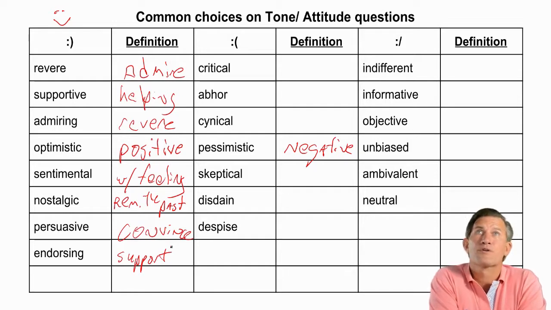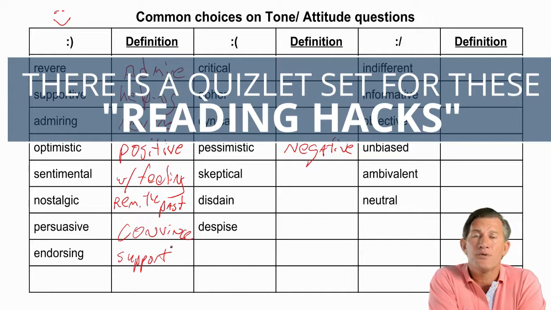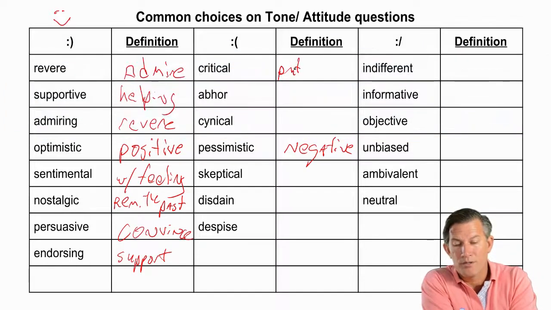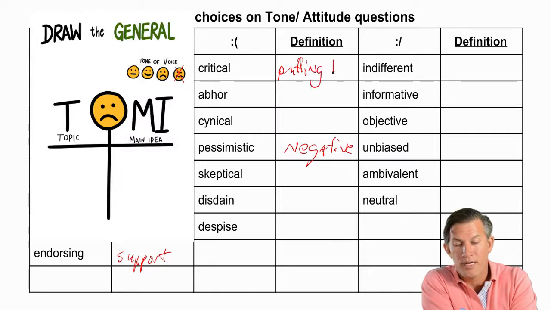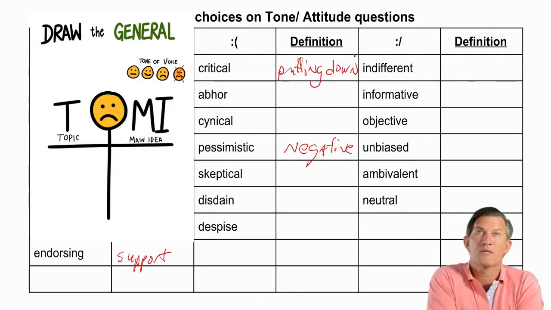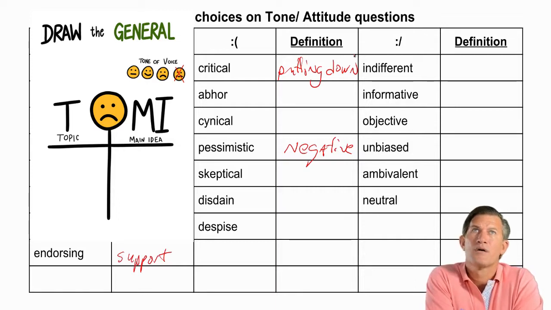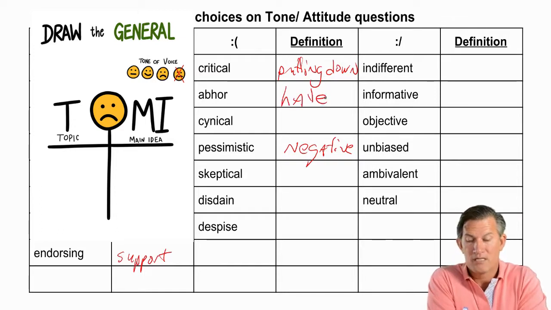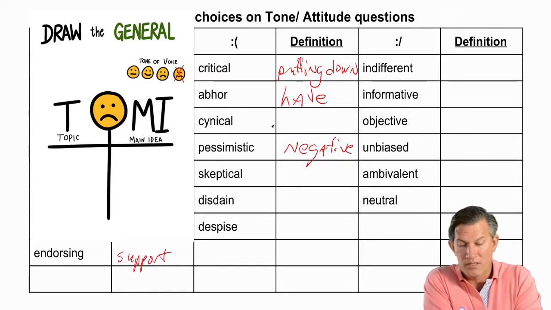All right, what does critical mean? Critical means that you are putting down, okay? They're telling you what you're doing wrong when they're critical, putting down. Now, there's constructive criticism, okay, but critical means that you're sort of highlighting the negative parts. Abhor means to hate. Cynical means skeptical, sort of a synonym for skeptical.